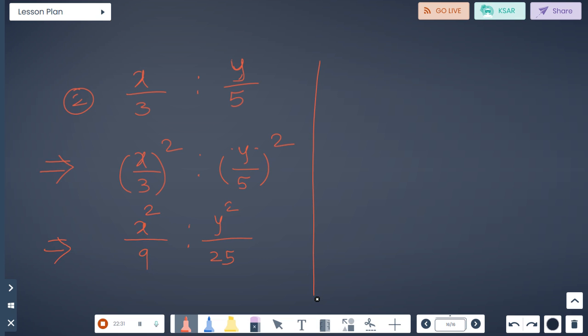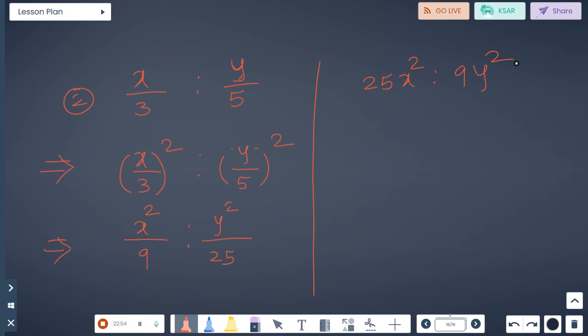This can be written simply as 25x square is to 9y square. So this is the duplicate ratio of x upon 3 is to y upon 5.